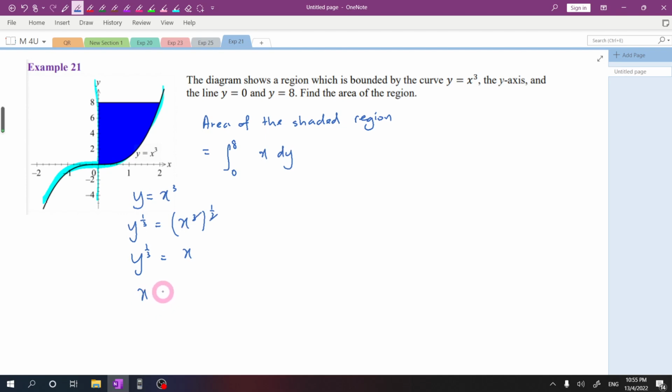Now you have a function which is x in terms of y. Now we can bring this whole thing in here. Okay, now we can start to do the integration.